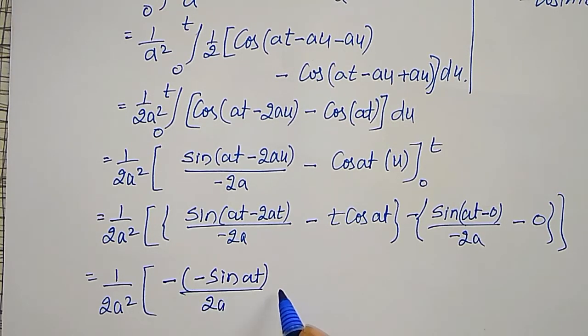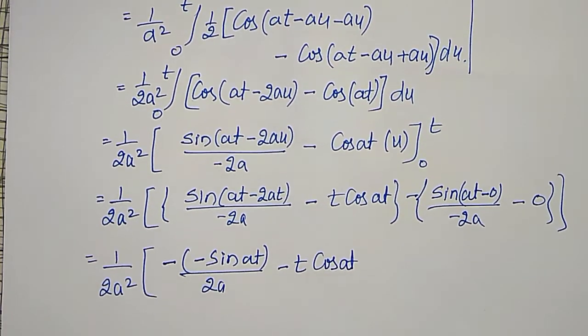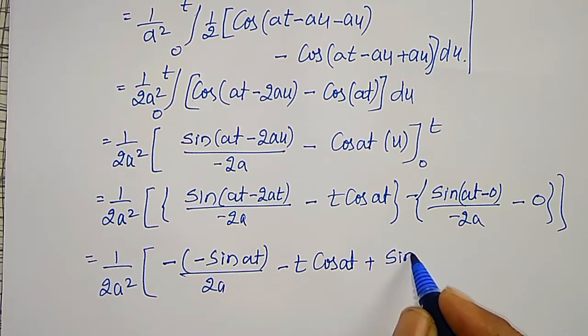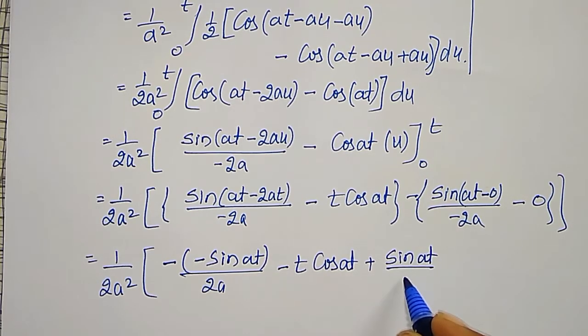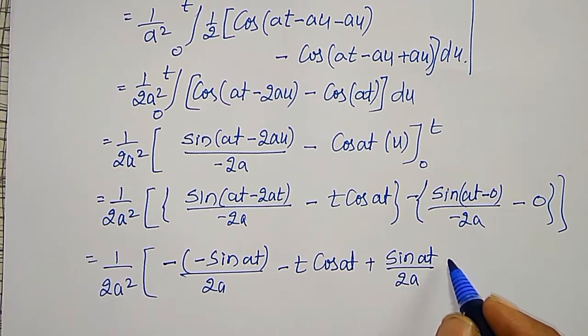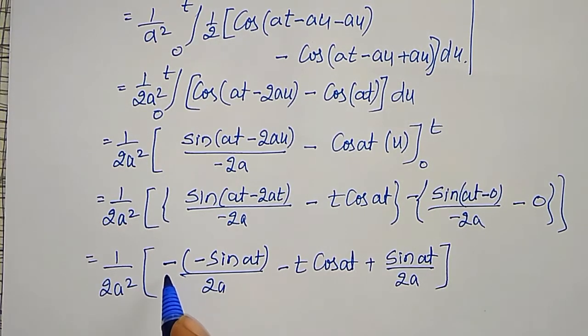This minus I have taken here, minus t into cos at. Okay, t into cos at, and minus of minus plus, that is sin at divided by 2a, and here also it is minus of minus plus sin at by 2a.